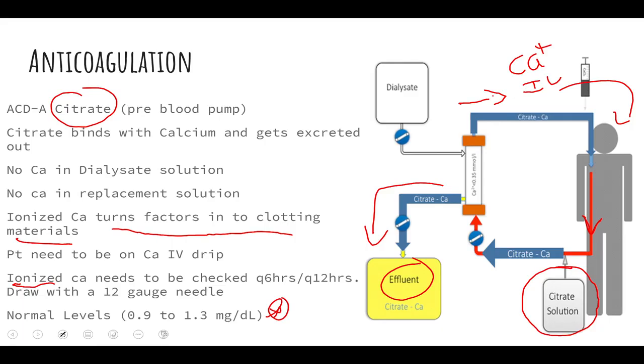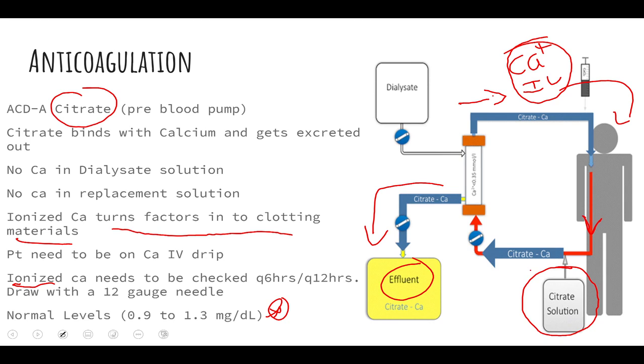The problem is your ionized or your free calcium is not going to be sufficient as the blood is returned to the patient. Okay, so this is why it is very important that you infuse a calcium drip through a separate IV to the patient as the patient is on a citrate solution.